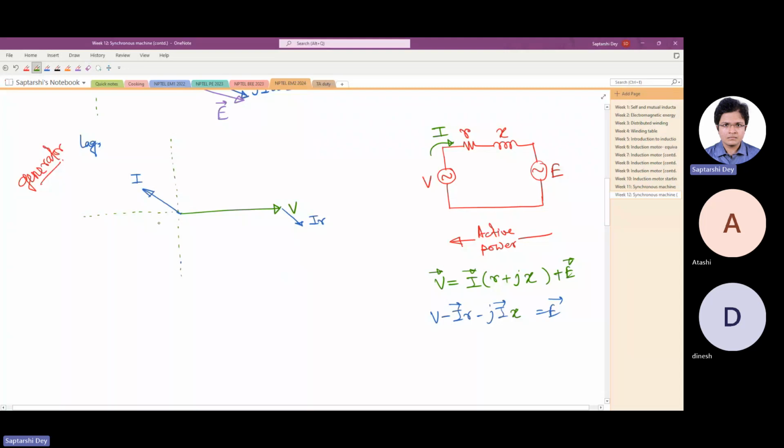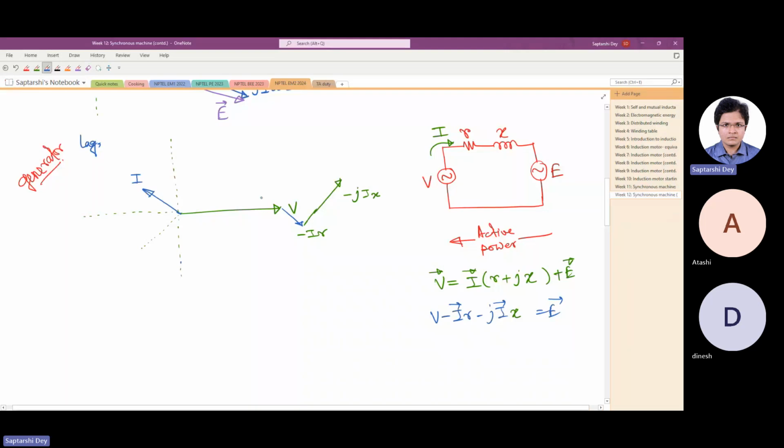So with I, jx should be in this direction, rotating anti-clockwise. Now minus of jx should be the other way around. So this is minus IR, not IR, and minus jIx.